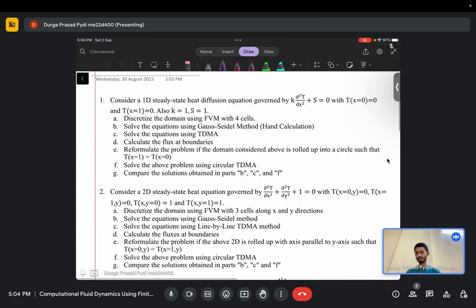Yeah, so the question is again a standard one. You have a steady state conduction equation with a constant source term, and there are Dirichlet conditions at both ends: at x equal to 0 as well as at x equal to 1 you have 0 conditions. You have to solve using Gauss-Seidel TDMA, and then you need to determine the flux at the boundaries.